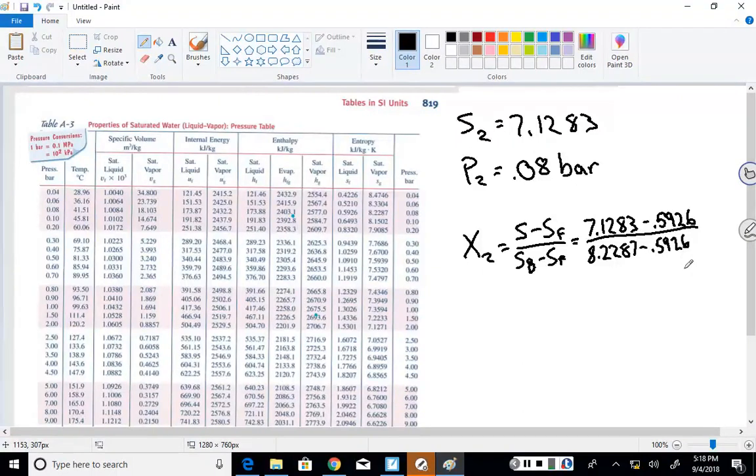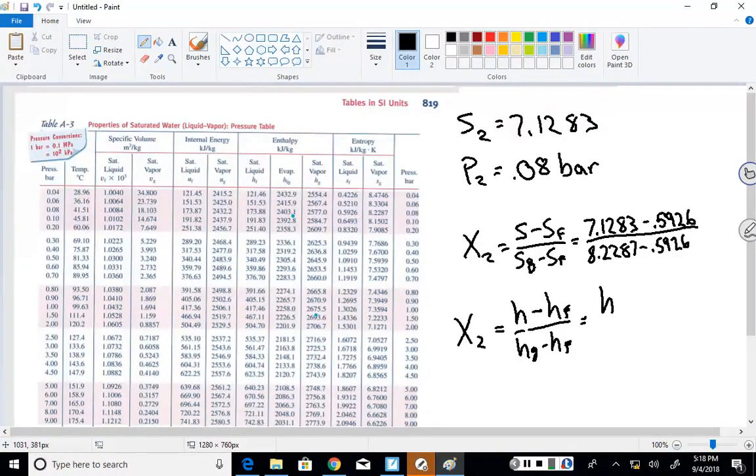Once I have the quality, I can find H, because H is defined the same way. H at state 2 minus HF over HG minus HF.